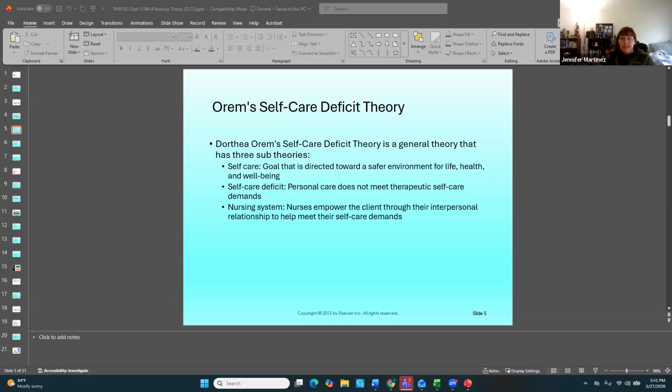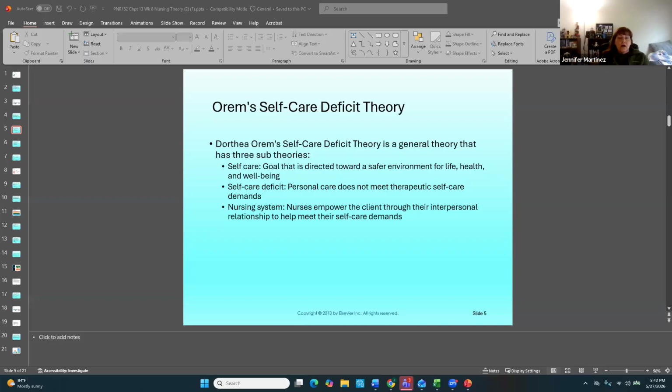A self-care deficit, the personal care doesn't meet the therapeutic self-care demands. Well, so the person is not recognizing, or they may not know what to do in regard to personal health situations. So I get sick, I go to the doctor. Anybody that comes into our care has a self-care deficit, right? They need assistance because they are not able to care for themselves.